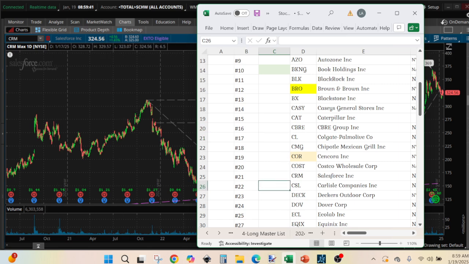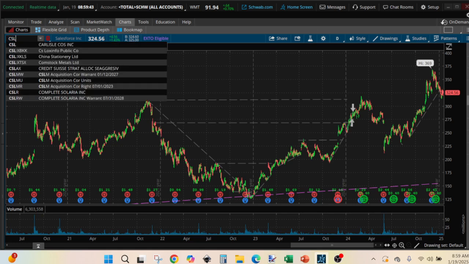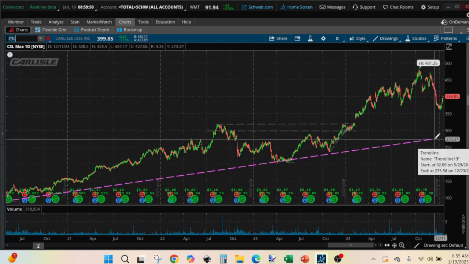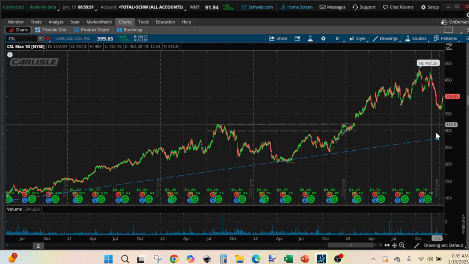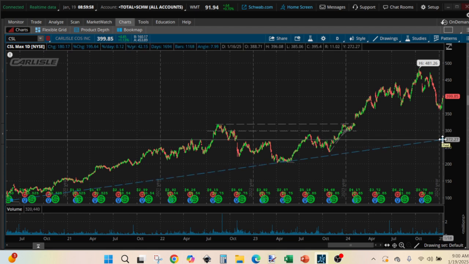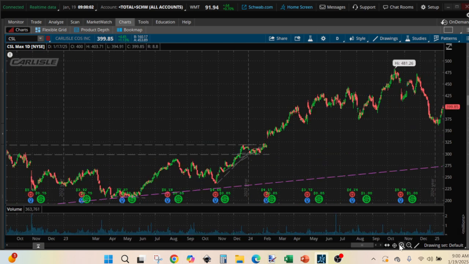The next one is CSL. So CSL, we like to buy at this trend line, but right now it is far from it. The price is going down, but it's nowhere near where we like to buy.